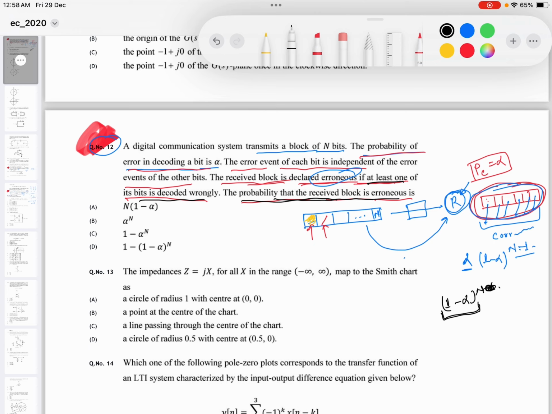So the probability that at least one bit got decoded wrongly will be 1 minus (1 minus alpha) to the power n. So this is the answer for this question.